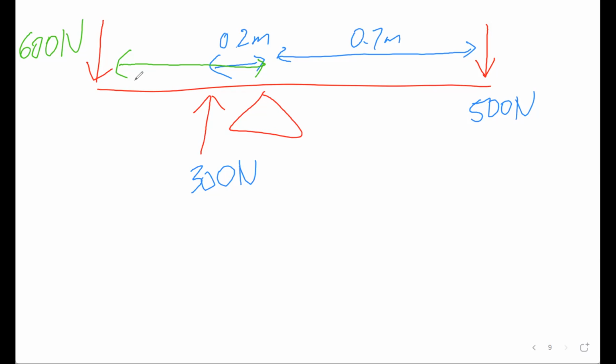No. Why would it be 800 times 0.9? The total force is 800, and then the total distance is 0.9, is it? 0.9 is not the total. In fact, one is 0.7 and one is 0.2. So you add both moments together. Okay. So instead of F1d1, it will be F1d1 plus F2d2 is equal to F3d3.